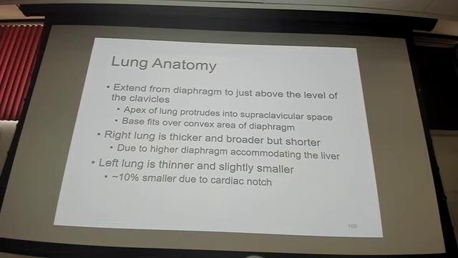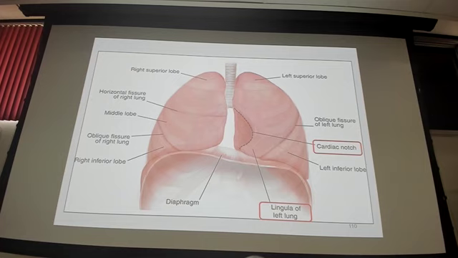Heart, right? Called the cardiac notch. The lingula kind of sits here, sort of at the inferior surface of the heart. This little piece right there. Okay. And we're going to discuss the fissures here in just a second.